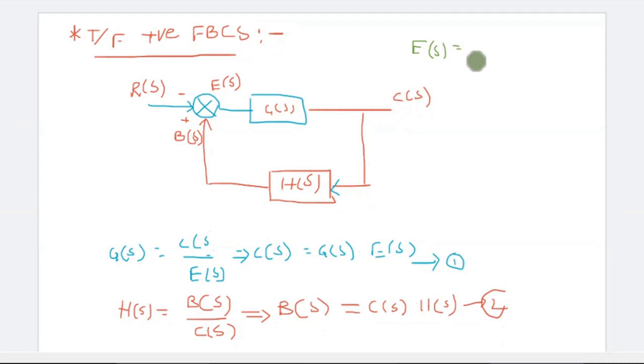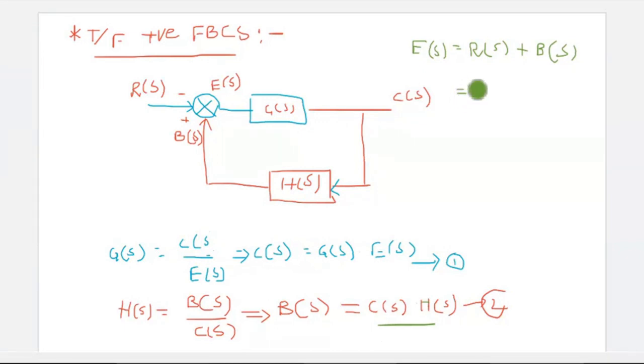But in this case, we have to take E of s equal to R of s plus B of s. Why? Because this is the positive feedback. The previous one is the negative feedback. Now everything is the same. That is from equation number 2, in place of B of s, substitute equation number 2, ma'am. What's the resultant?